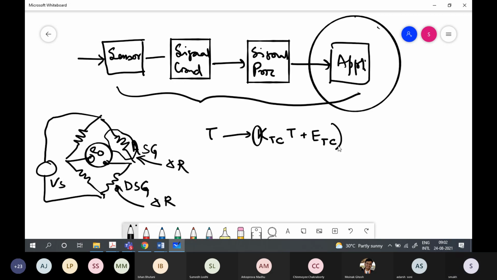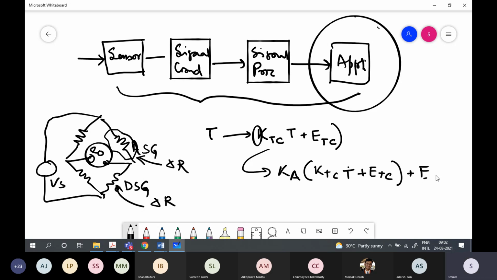This is now going as input to the amplifier. So the amplifier output is K amplifier times (KTC T plus ETC) plus E amplifier. And suppose the indicator gain is Ki, so this is going to the indicator.